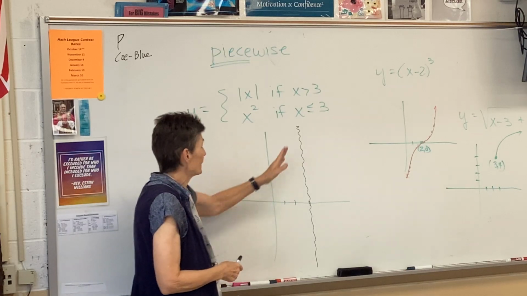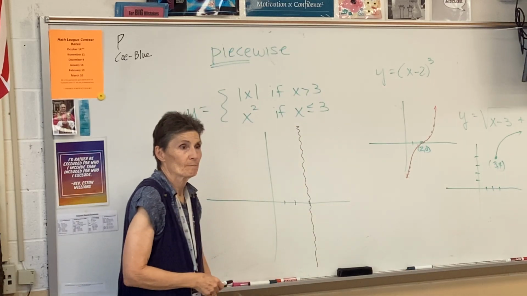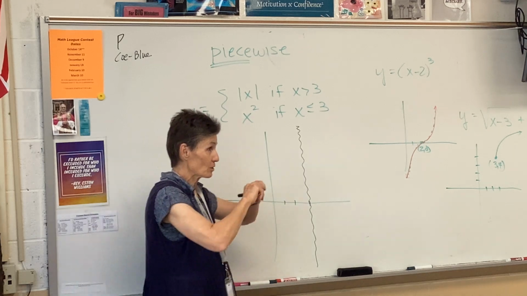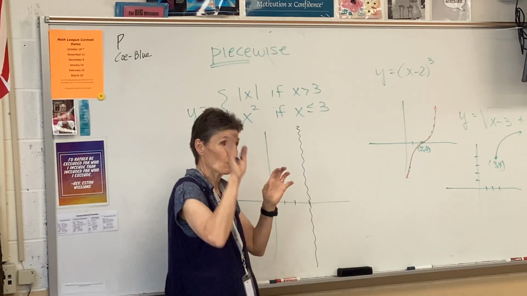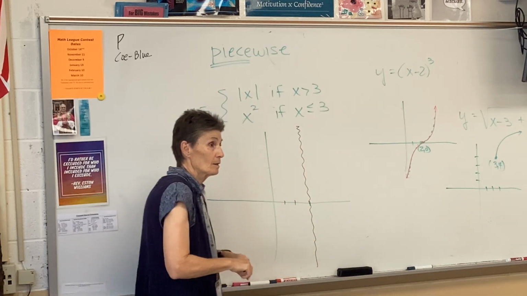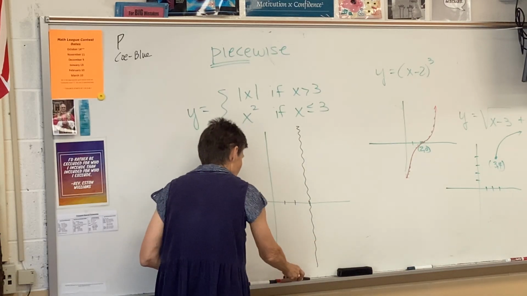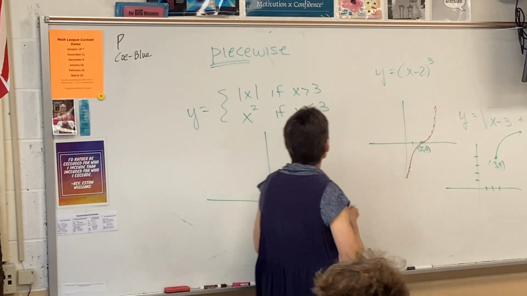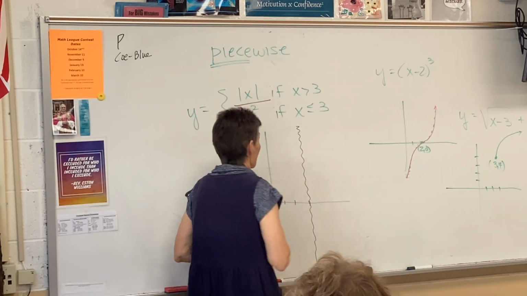I'm going to do a squiggly line at 3. That is where my graph is going to get broken. That's where I'm going to have a piece over here, and I have a piece over here. Okay, now we're just going to temporarily forget that, and we are going to sketch this.